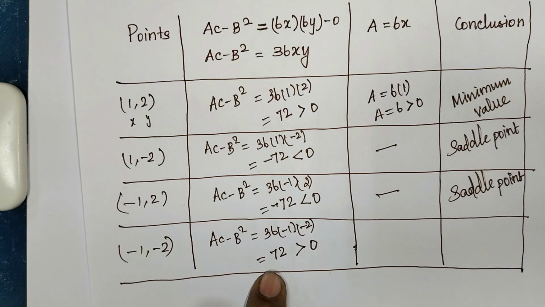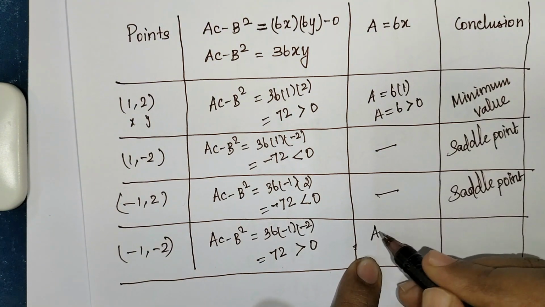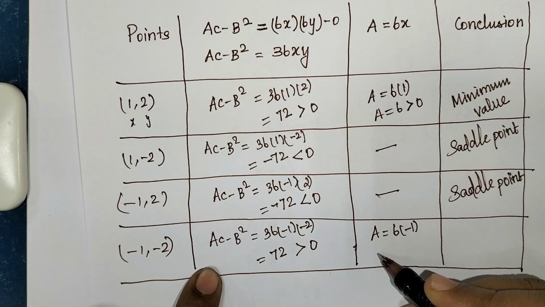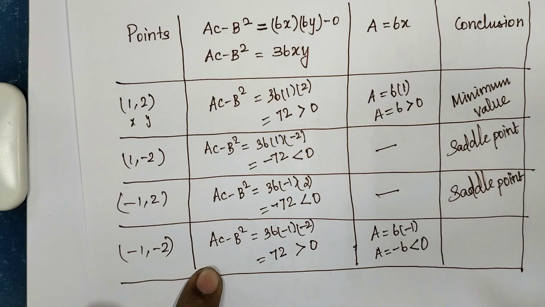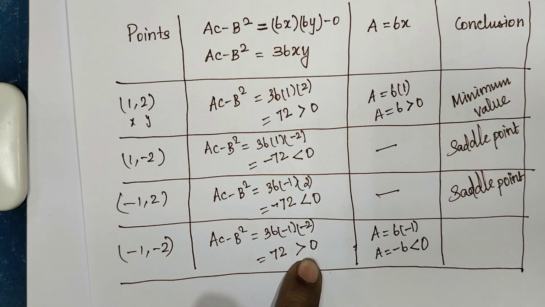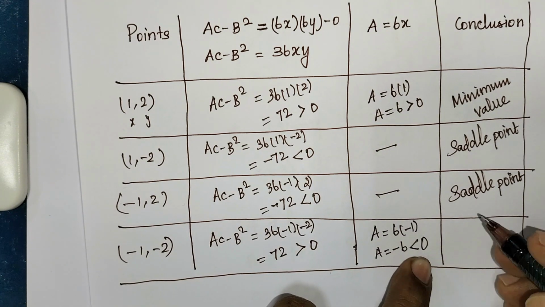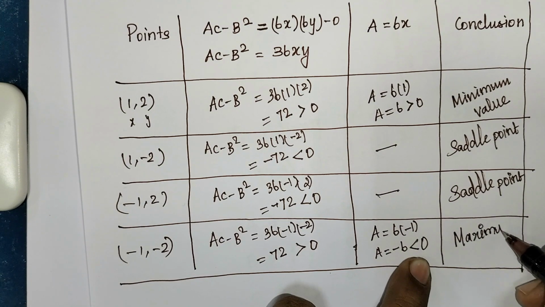AC minus B square greater than 0 means we can find A. Here A equal to 6 into x, equal to minus 1, so A equal to minus 6, which is less than 0. When AC minus B square is greater than 0, only then can we find A. Here A is less than 0, and A less than 0 means maximum value.